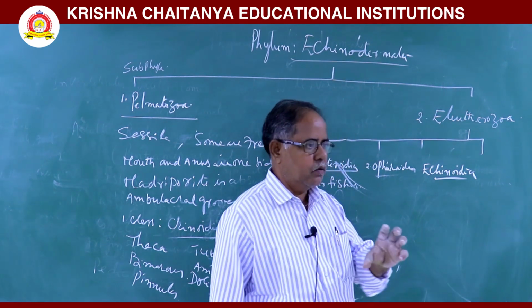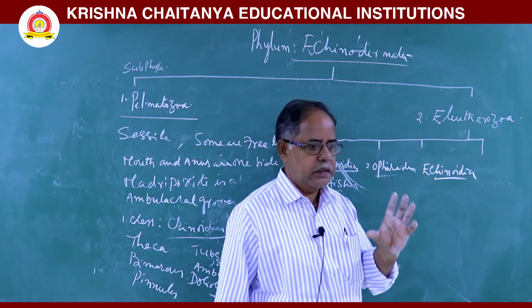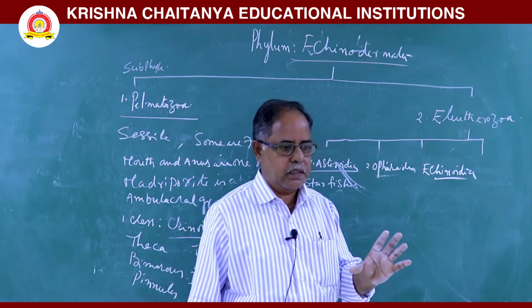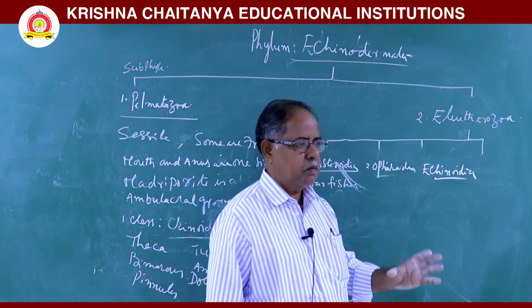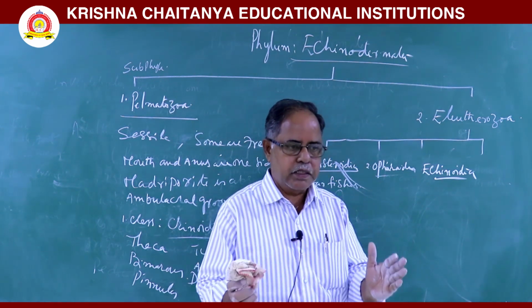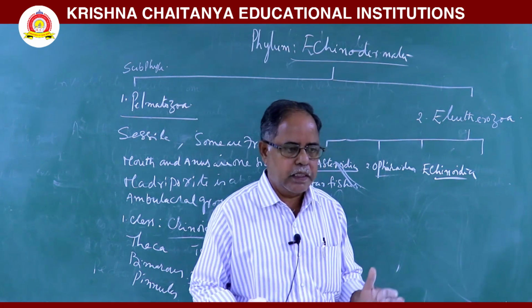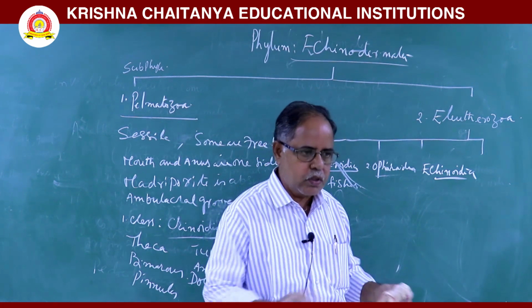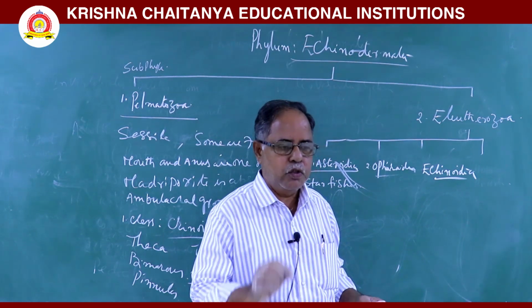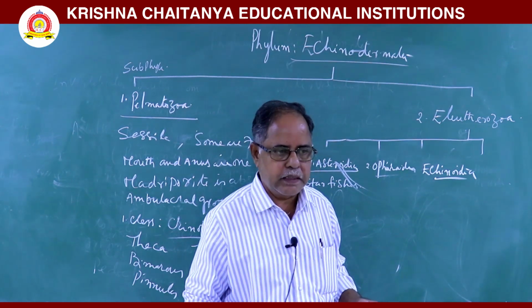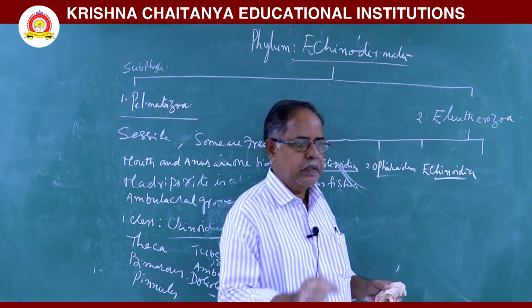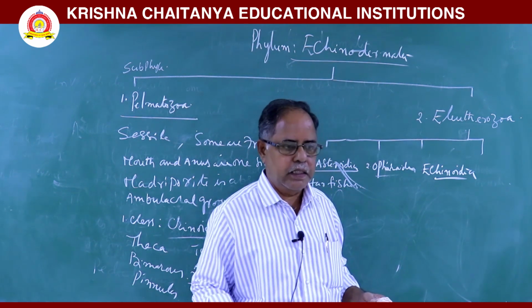The animals included under class Echinoidea are generally called sea urchins. Here the body is ovoid or discoid. On the surface of the body, movable spines are there. Ambulacral grooves are closed. Tube feet have suckers. Pedicellariae have three jaws.